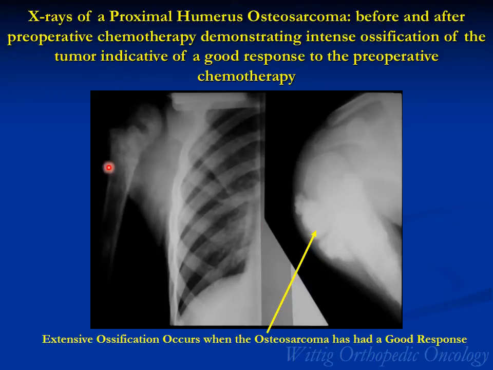When that happens, when a person is given chemotherapy, that is indicative of a good response, or greater than 90% of the tumor being killed. And that confers a good prognosis, and it actually makes the surgery much easier, and you're able to save more soft tissue for reconstruction.